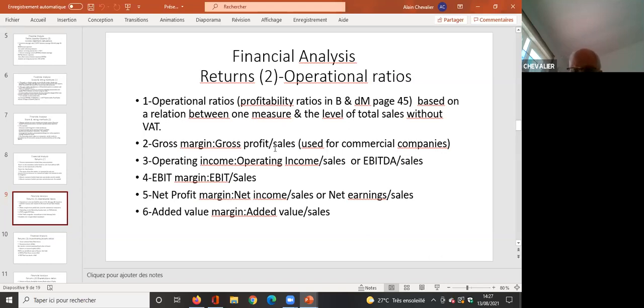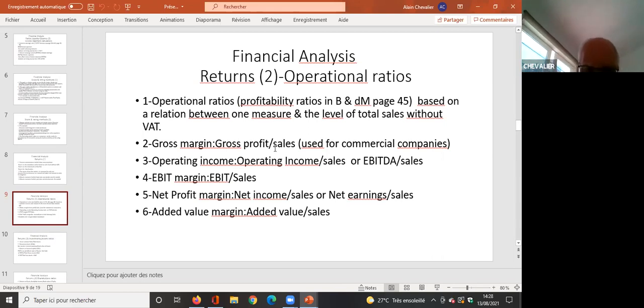So net earnings on sales and EBITDA on sales are the two leaders, I would say, in the list of ratios which try to give some idea of the return of the operations.